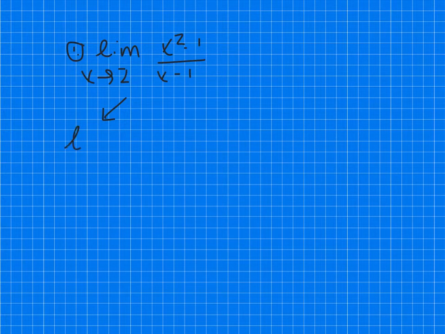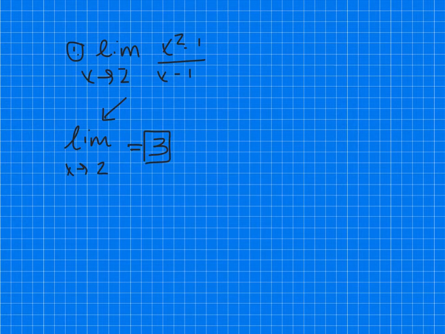So you can do the limit as x approaches 2. Now you can't show that you're plugging in the 2, because that would imply that you haven't checked values, because that's the true way to do it, but it's easier to just plug it in, so we're going to do that. So 2 squared is 4 minus 1 is 3, and then 2 minus 1 is 1, so this would end up equaling 3.